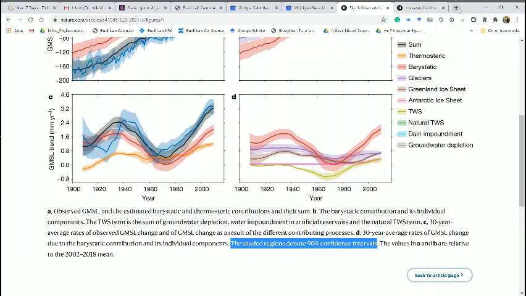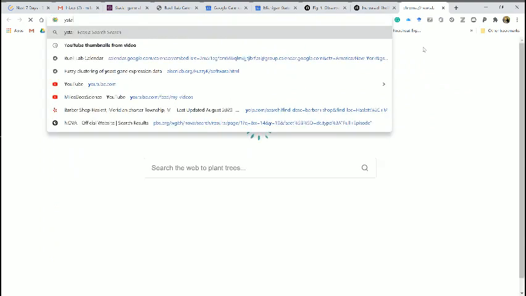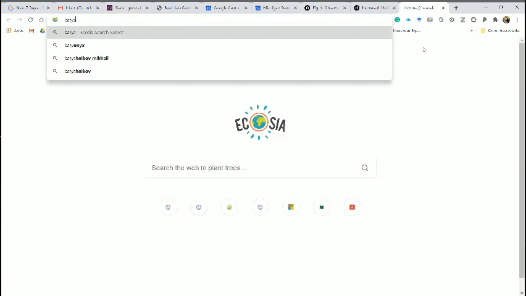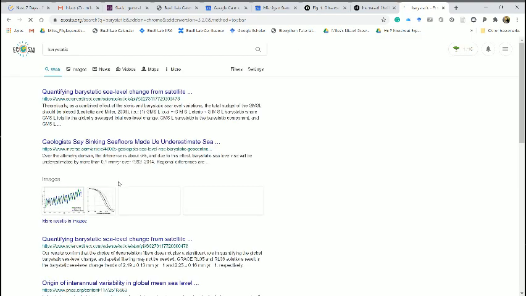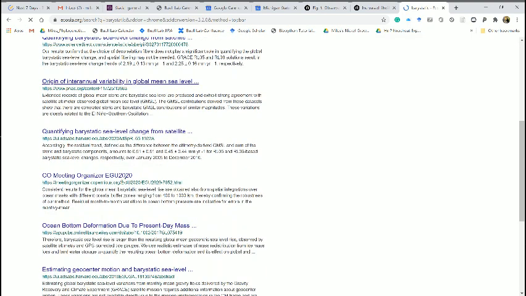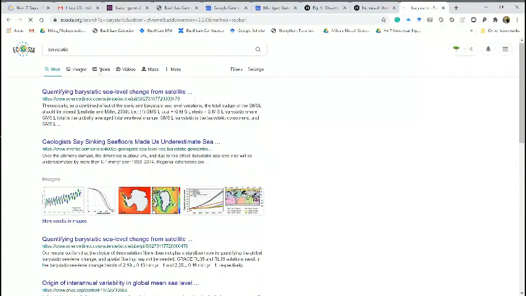What is barystatic? Barystatic. There we go. Whenever I don't understand a term in a scientific paper, I just Google it. And 9 times out of 10, there's a Wikipedia page for it. Let's say versus thermosteric.